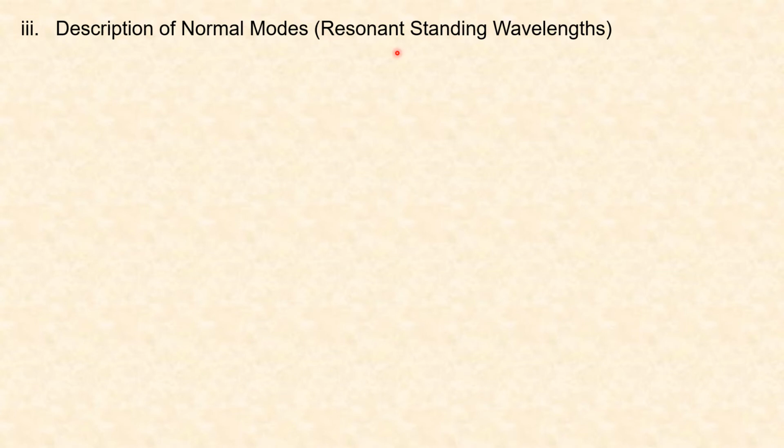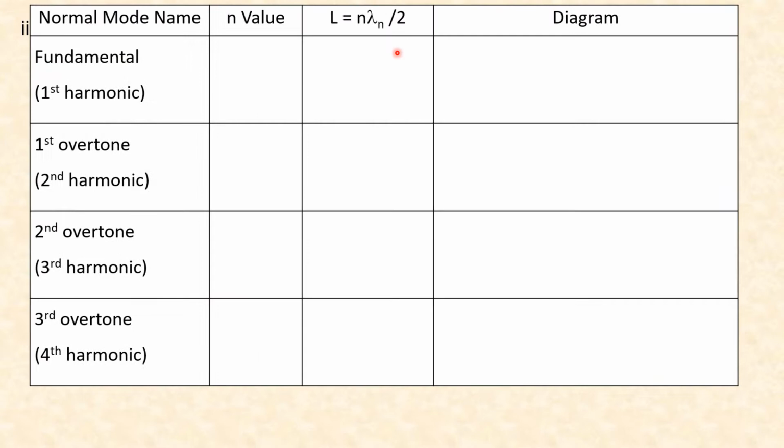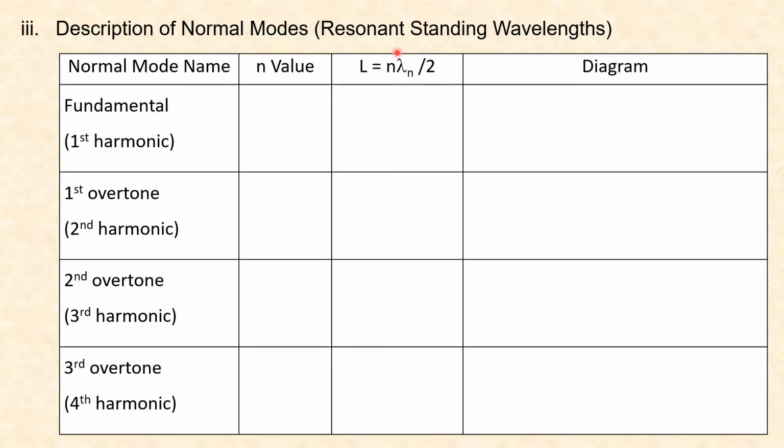So in this slide, we'll describe these normal modes, starting with the lowest frequency normal mode or resonant standing wavelength that exists. So it turns out that there's actually two different naming systems. I have no idea why, but you need to be familiar with both of them, that describe the frequencies of these standing waves that get created on the strings.